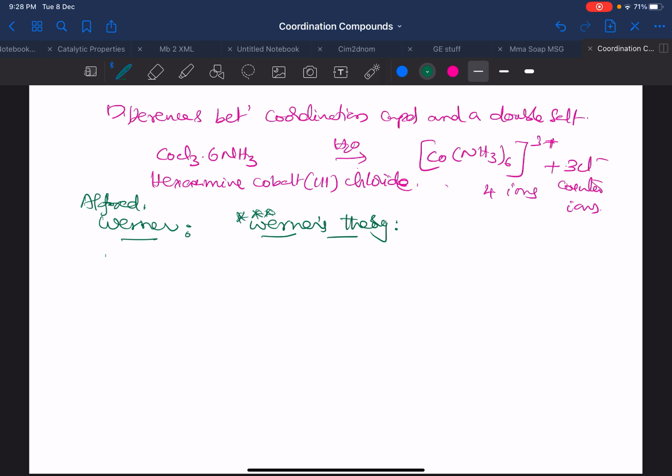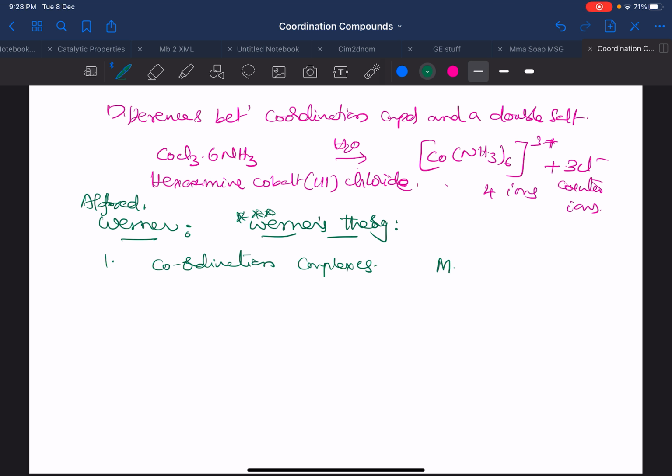Werner's theory is about coordination complexes. In coordination complexes, a central metal atom is present, which is a d-block element.